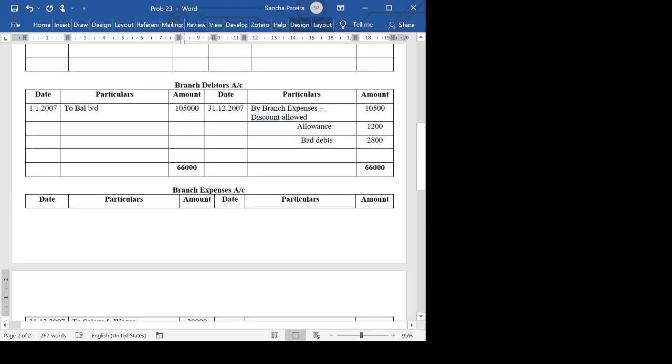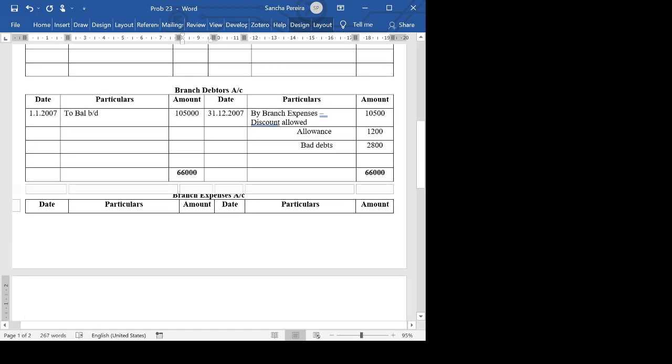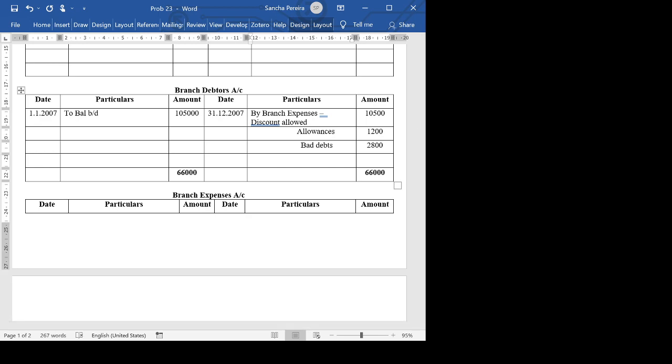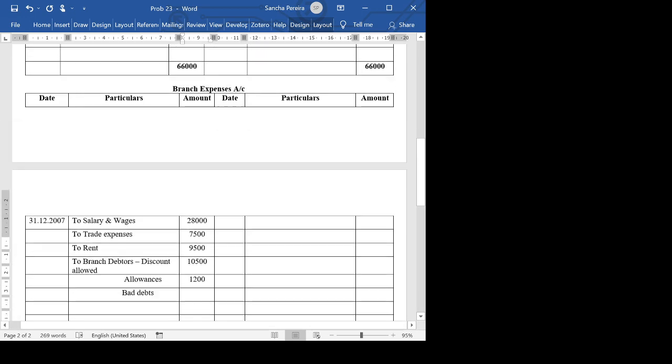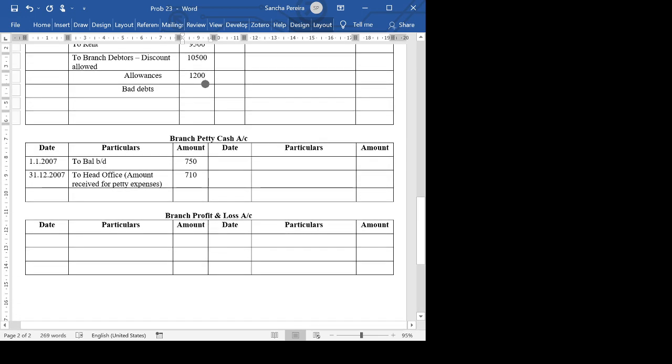So discount allowed was 10,500, 1,200 and 2,800.